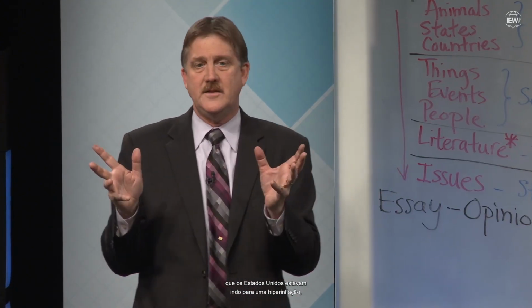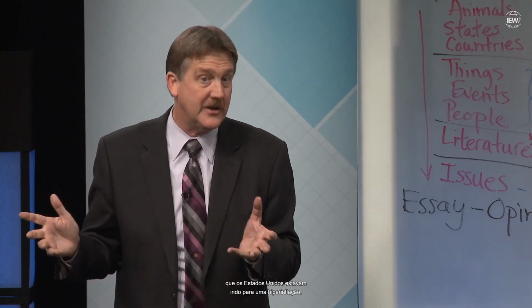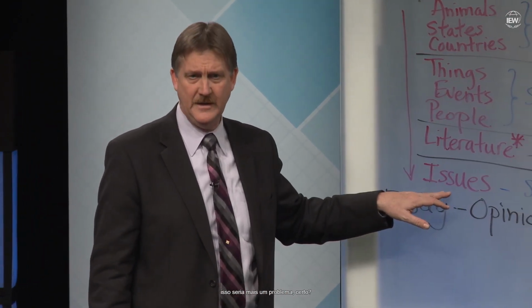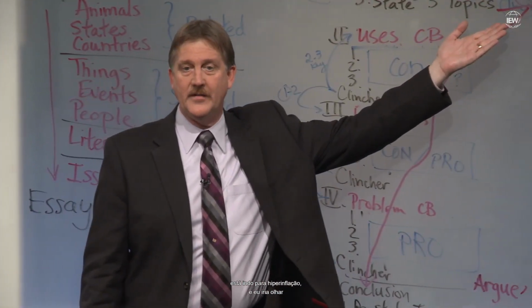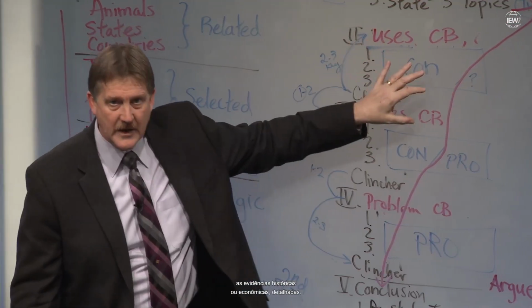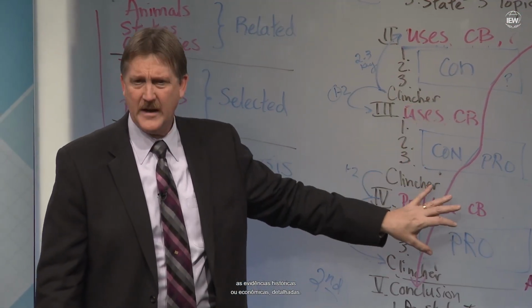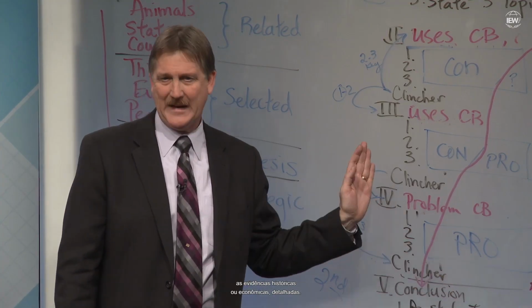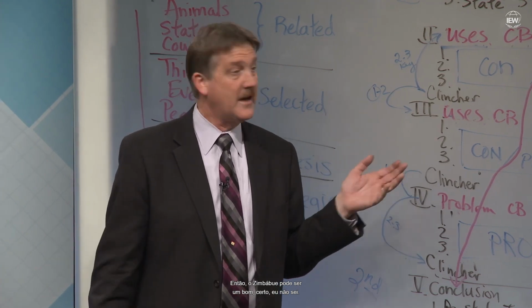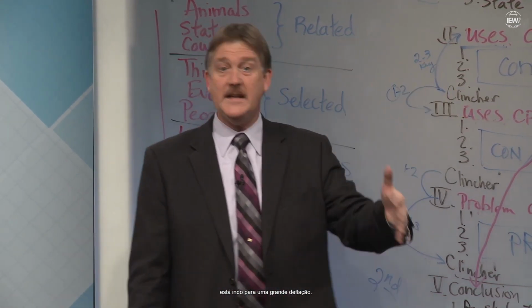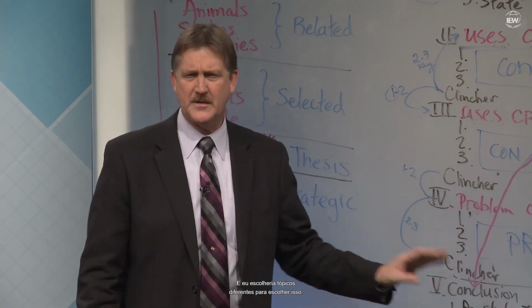the United States was headed for a hyperinflation, that would be more kind of an issue, right? Then I would claim that the United States is headed for a hyperinflation, and I would go look for historical or economic evidence, topics. So Zimbabwe might be a good one. Right? I don't know. I could also prove the United States is headed for a great deflation, and I'd choose different topics to show that.